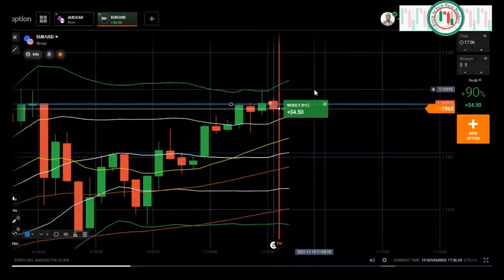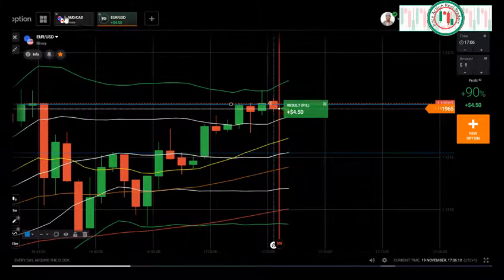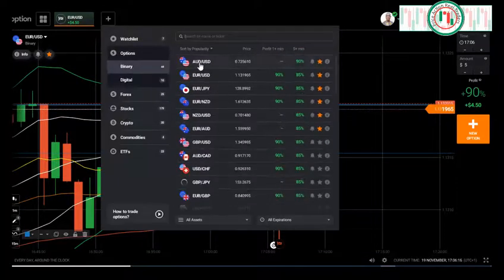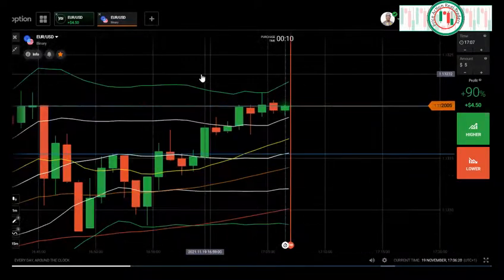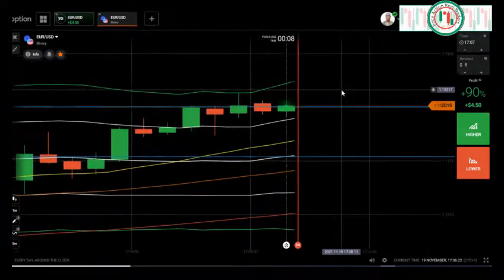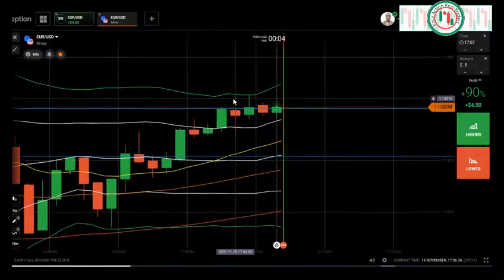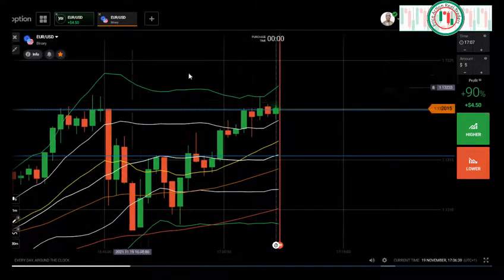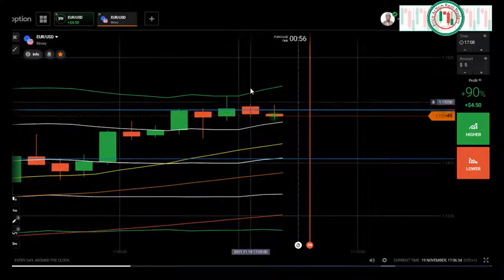So let's analyze another market. Here is consolidation area, but market is trying to reverse. So market is trying to reverse from this level.